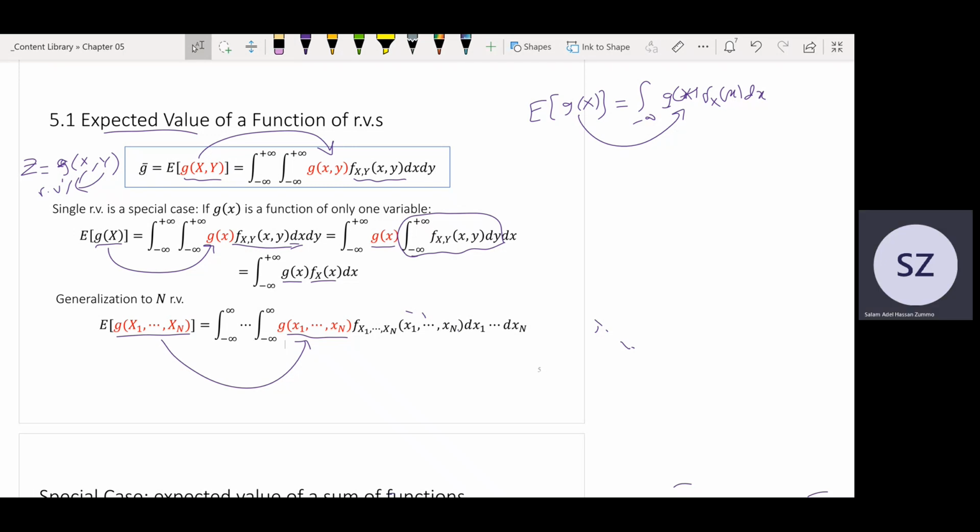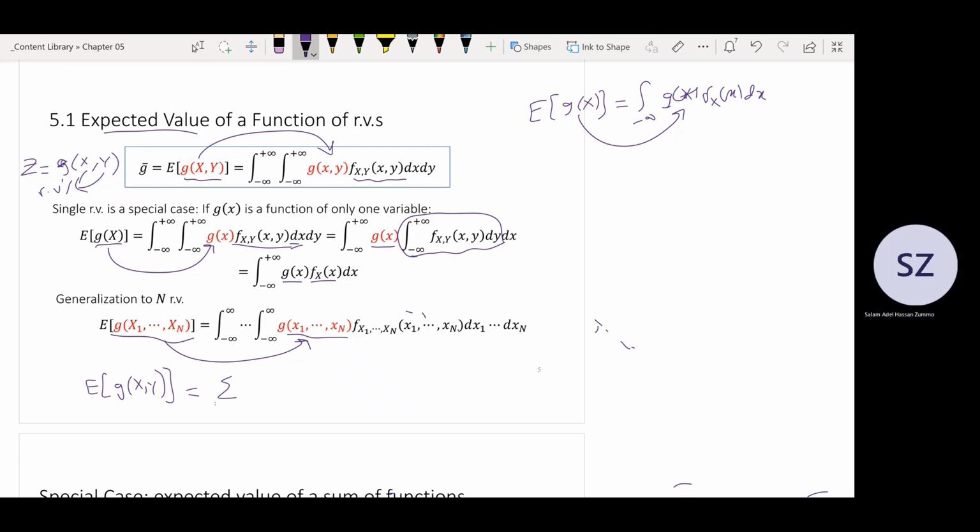What about if I have discrete? What do I get? Summation, right? Suppose that I am interested in the expected value of g of x and y. However, x and y are discrete random values. What do I do?